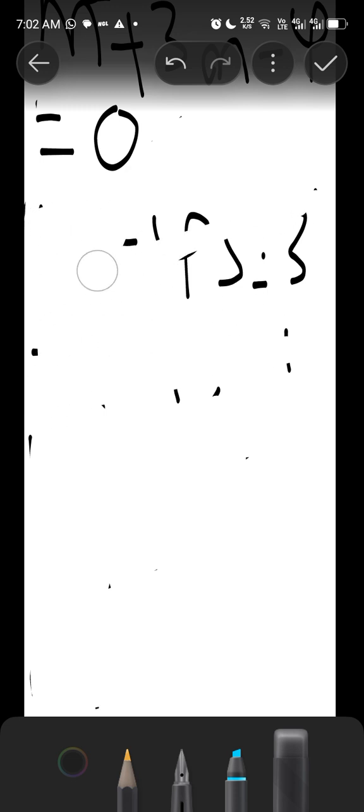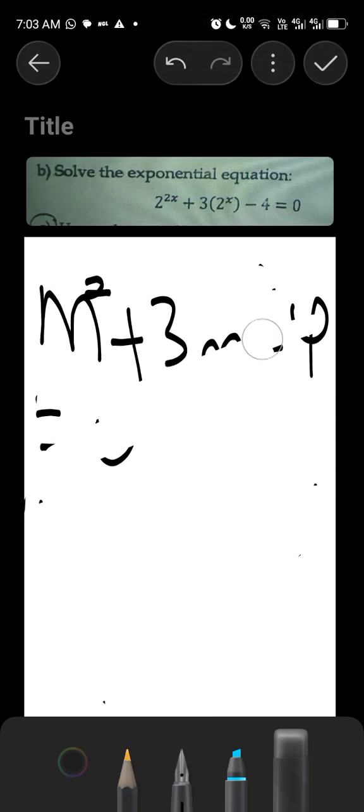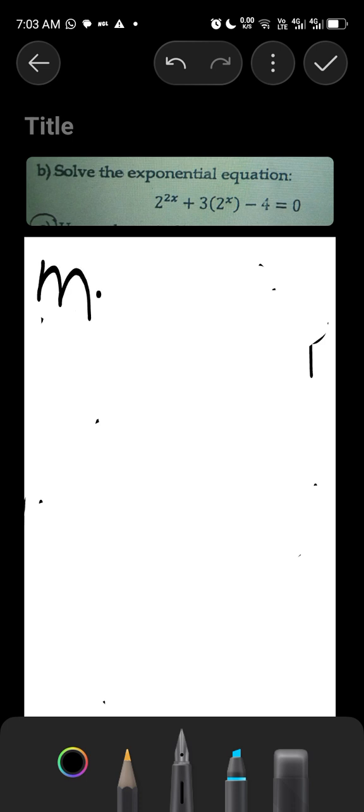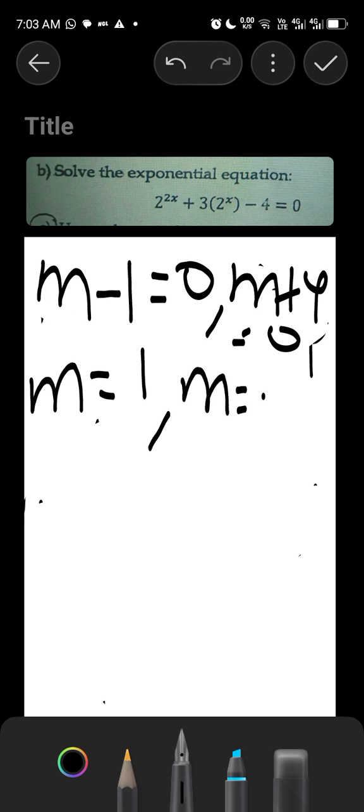What I mean is that m minus 1 is equal to 0, m plus 4 is equal to 0. So m is equal to 1 and m is equal to negative 4.